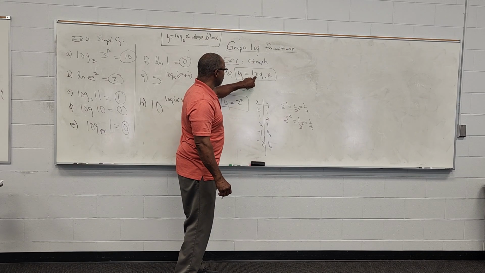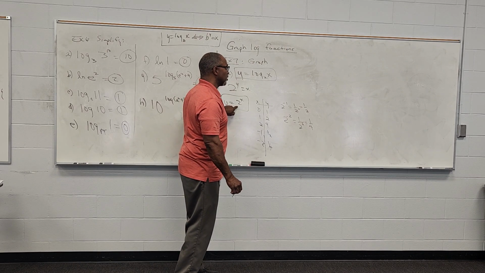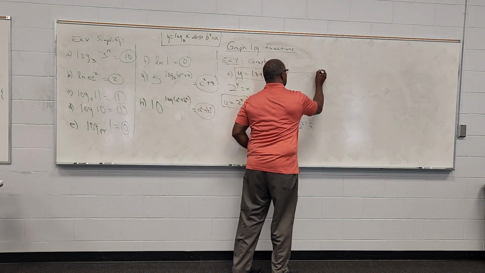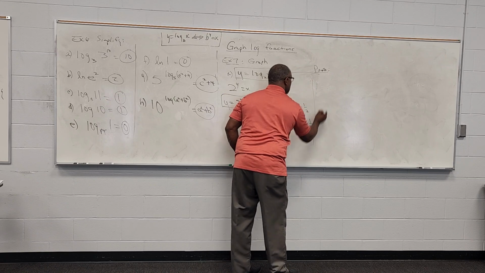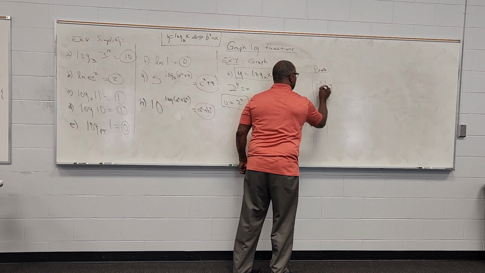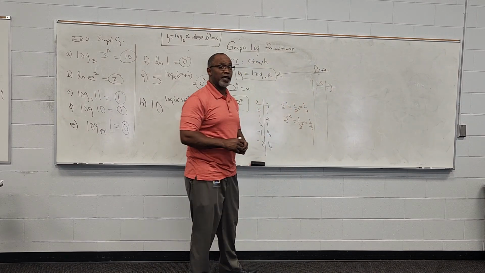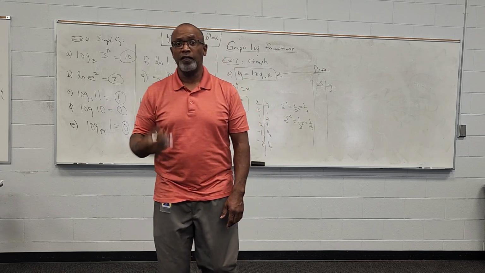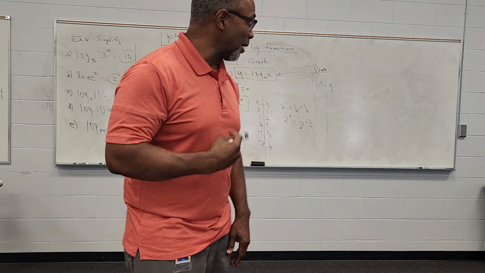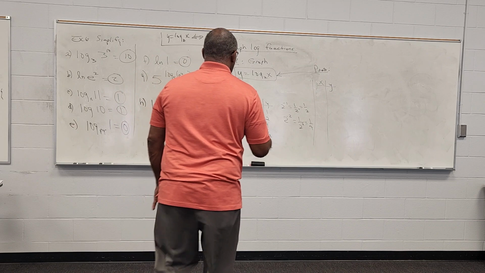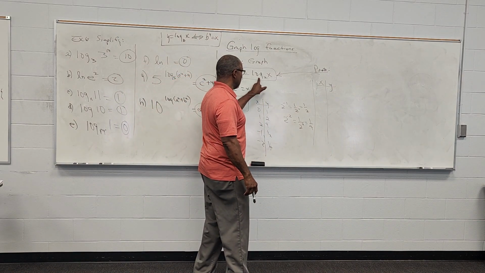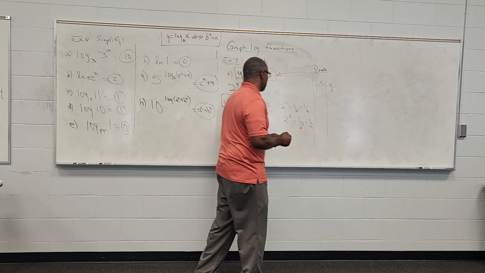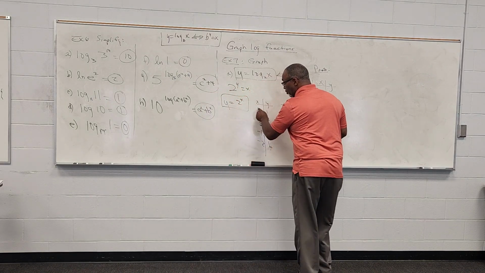But since I know that this function and this function are inverses of each other, that's the beauty of inverse functions. An inverse function is the exact opposite of the original function. So if I know the points on y equals 2 to the x, to get the points on the inverse function y equals log to the base 2 of x, all I do is flip coordinates.